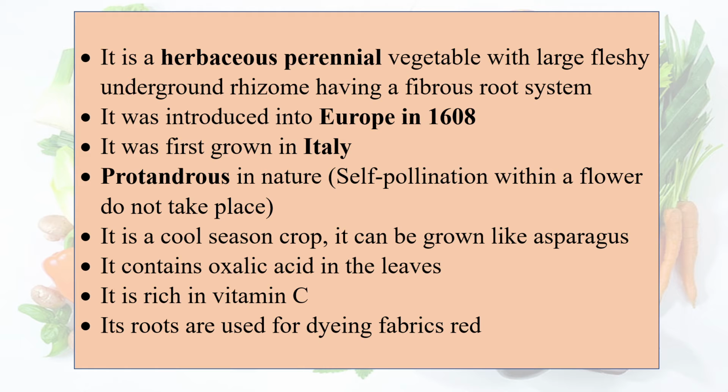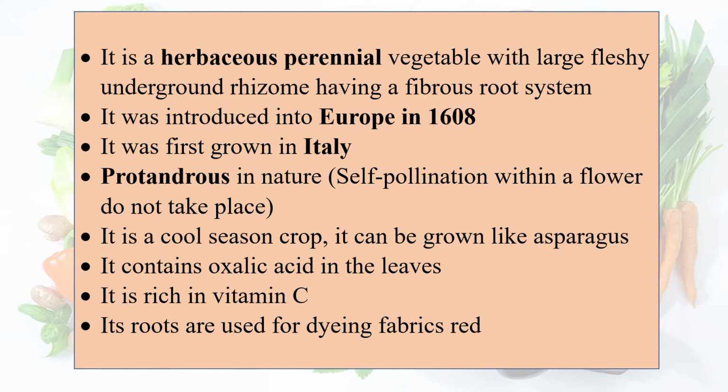Protandry मतलब क्या होता है? Self pollinated crops. Protandry will be commonly seen, and since it is protandrous in nature, self-pollination within a flower does not take place. And one more point here: the lower flower is fertilized with the upper flower pollen.